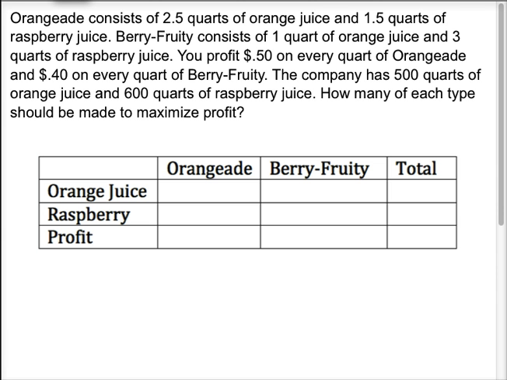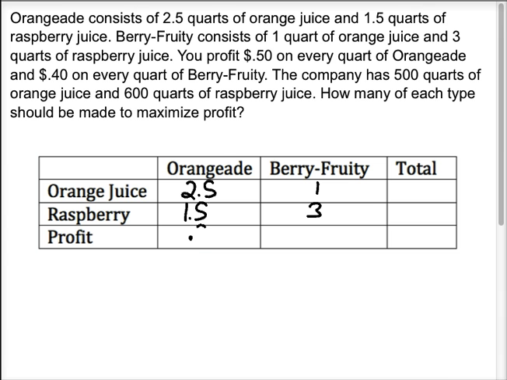So Orangeade consists of 2.5 quarts of orange juice, 1.5 quarts of raspberry juice. Berry Fruity takes 1 quart of orange juice, 3 quarts of raspberry juice.